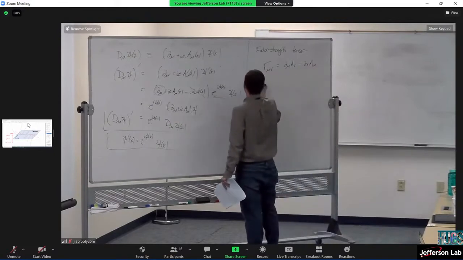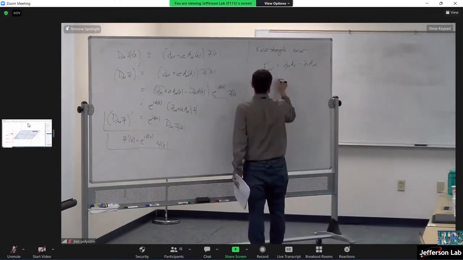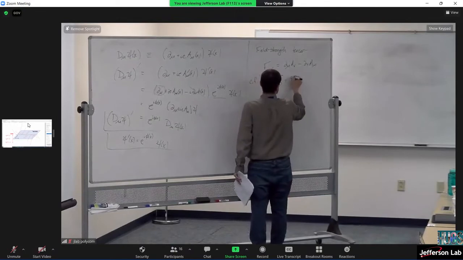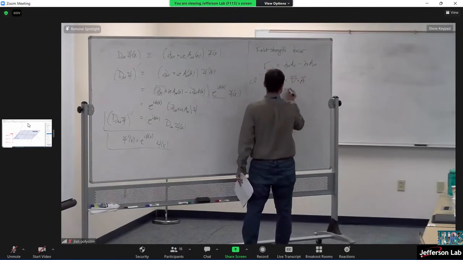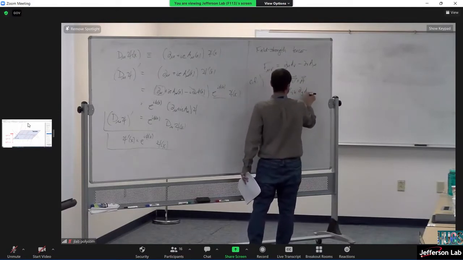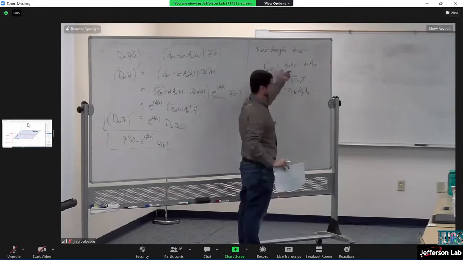So compare this to, for instance, your intro physics relation that says that the magnetic field is the curl of the vector potential. This curl is just an anti-symmetric combination of derivatives. B i is epsilon ijk partial j a k. This is exactly the same structure.